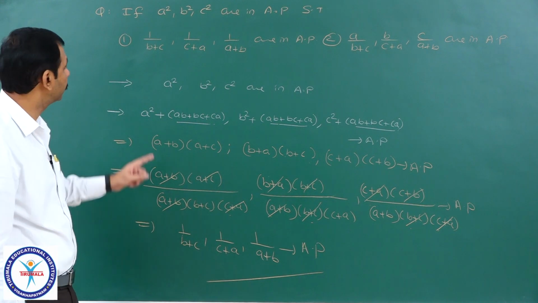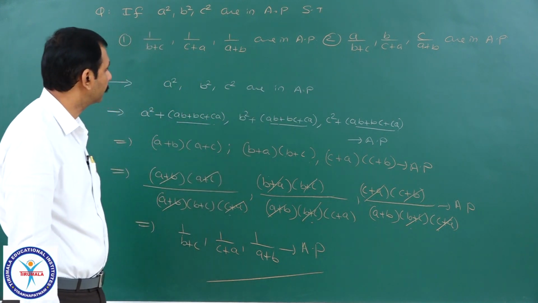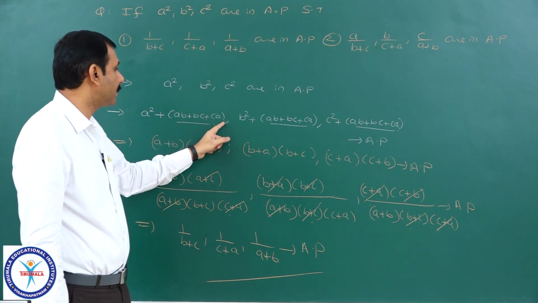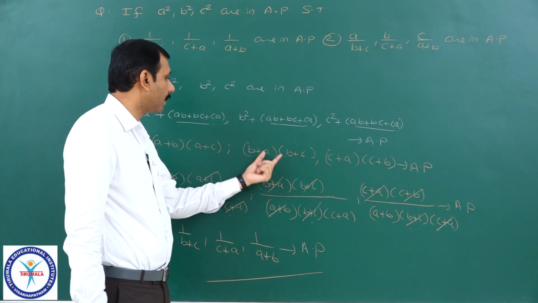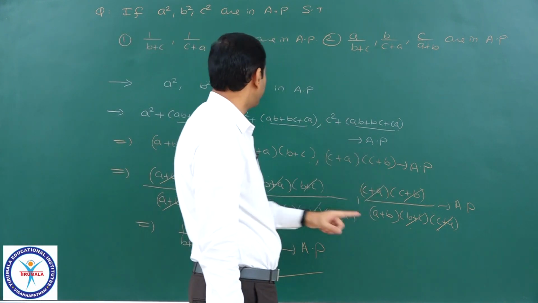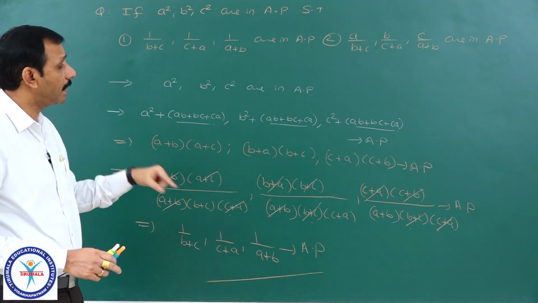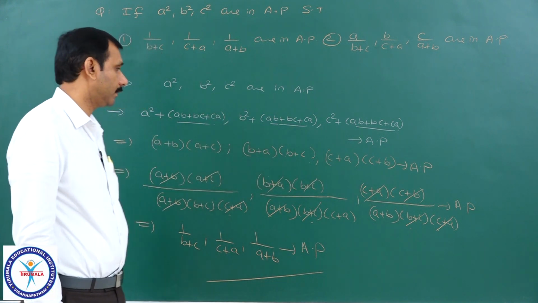Once again you see, A square, B square, C square are in AP, given. I observed if I add AB plus BC plus CA for all the three terms, I can write it as product of these two terms, it as product of these two, and it as product of these two. Therefore I have added a fixed quantity for all these three numbers which are in AP. Again, after adding also they will form an AP only.